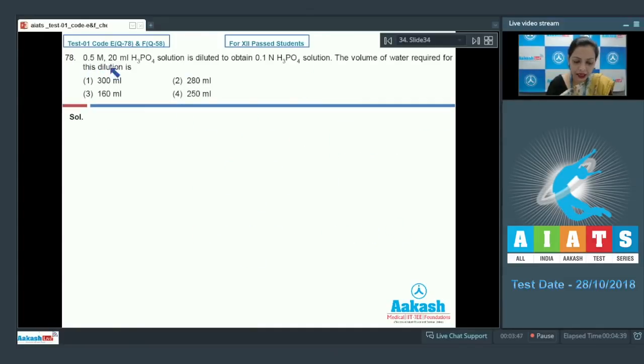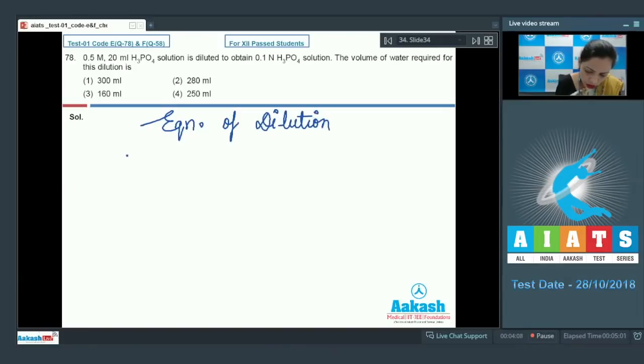Question number 78. 0.5 molar 20 ml H3PO4 solution is diluted to obtain 0.1 normal H3PO4 solution. The volume of water required for this dilution is. We have the given options here, and on the basis of the equation of dilution, we can solve this. What's this equation of dilution?